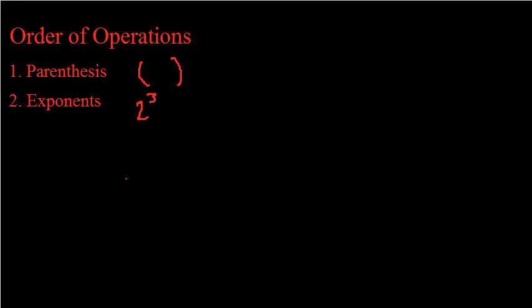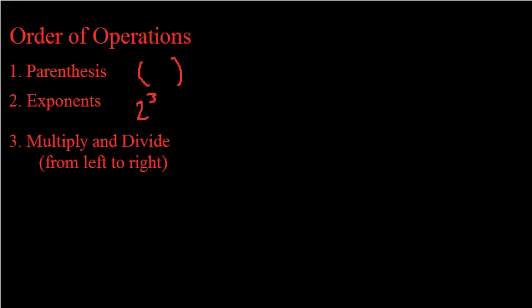I do all of those second. Third, I multiply and divide. So if I have 3 times 4 divided by 2, I multiply and divide both of those in the same step, going from left to right. So 3 times 4 first, and then divide by the 2.